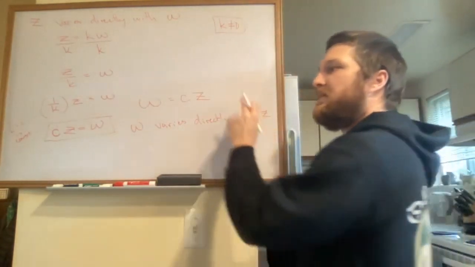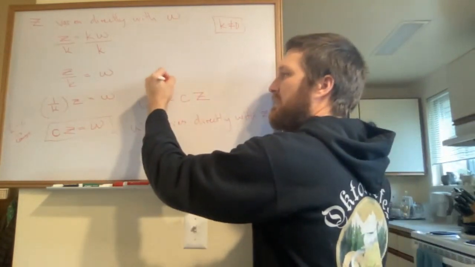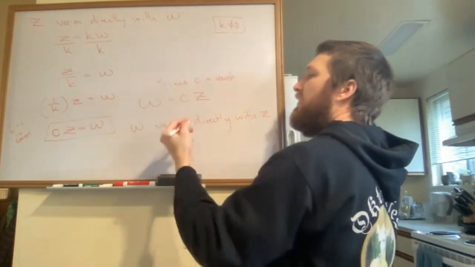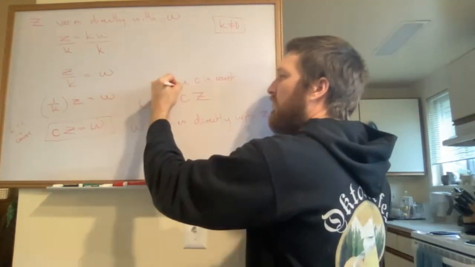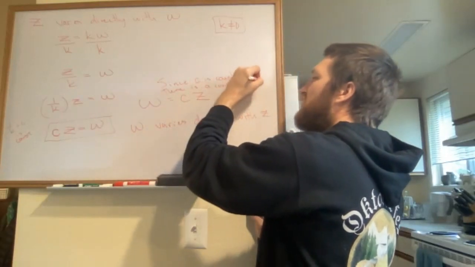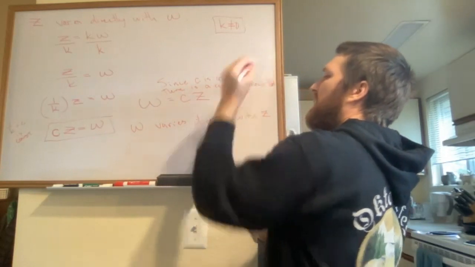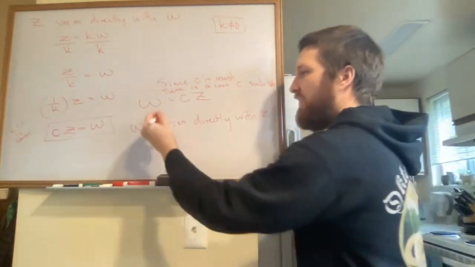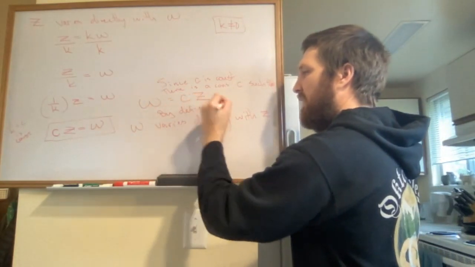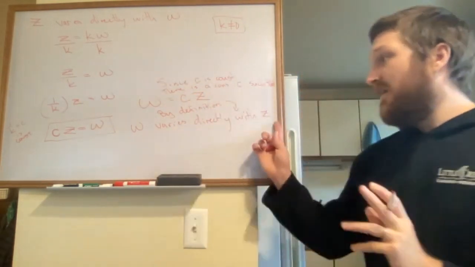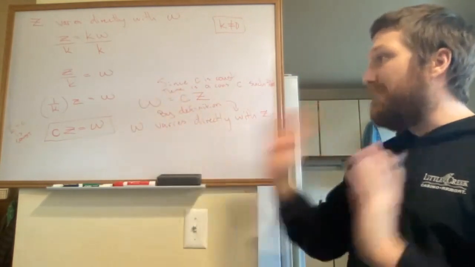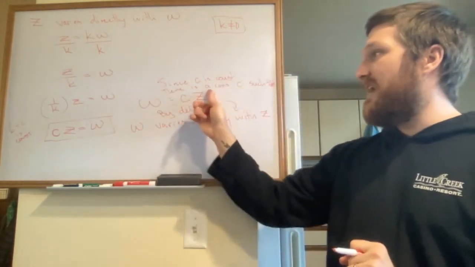In this case, I would say since C is constant, then there is a constant C such that this is true. So then by definition, because remember, the way we have defined it, something varies directly with something means there is a constant such that this is true.